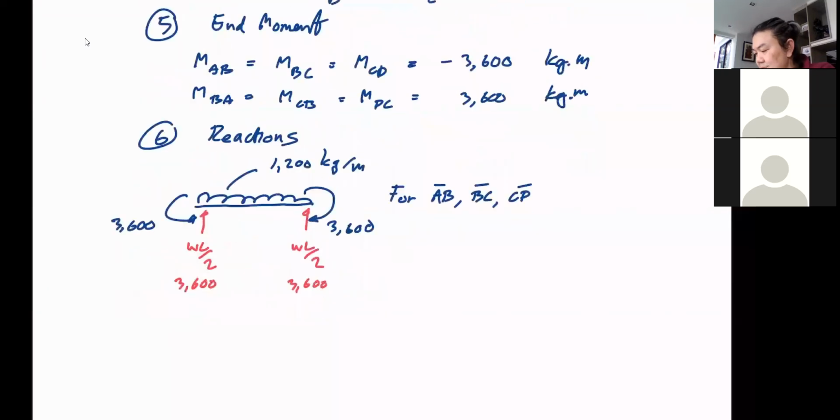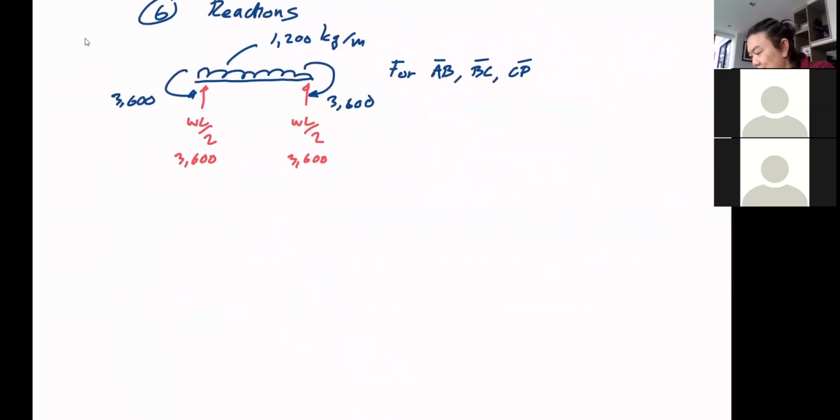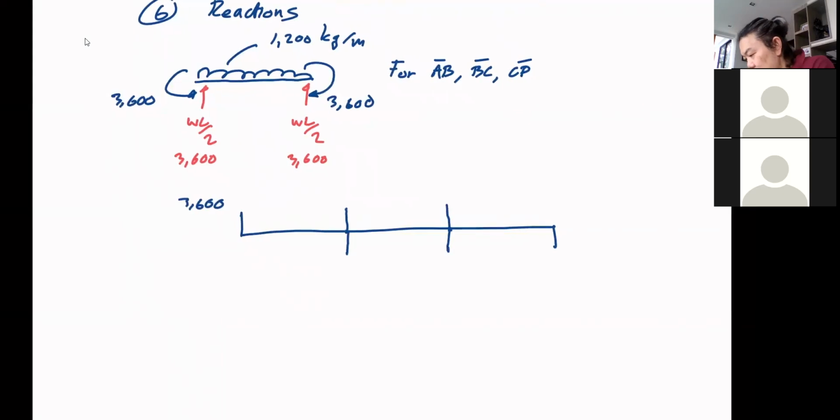So that means you can easily draw your shear force diagram because they are all the same. 3600 here, going down the same, going up the same, going down the same, going up the same, going down the same. Special case.